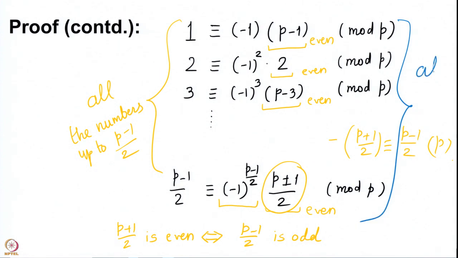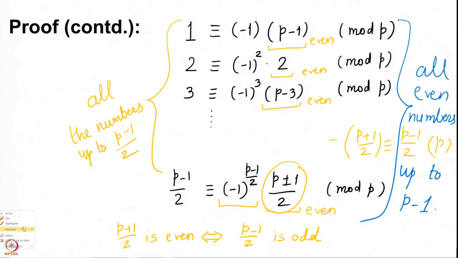So, here we get all even numbers up to p minus 1. On the left hand side we have all the numbers up to (p minus 1)/2. So, if I were to take the product on the left hand side, I will get ((p minus 1)/2) factorial.